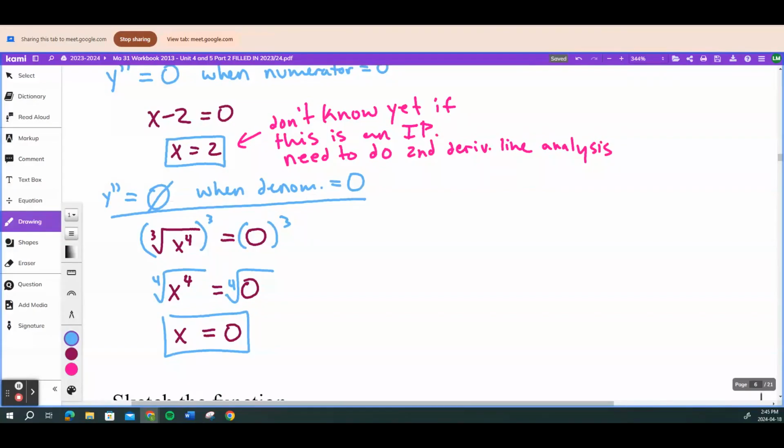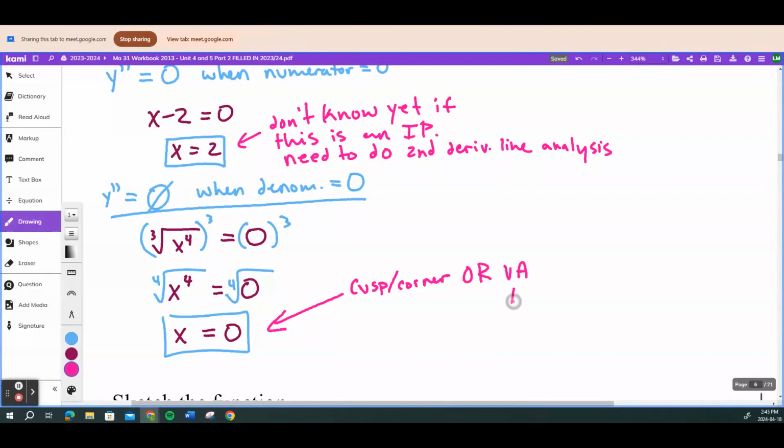Meanwhile, where our second derivative does not exist, we know that this could either be a cusp, sometimes called a corner, or it could be where a vertical asymptote is. So we'll just say cusp or corner, or vertical asymptote.